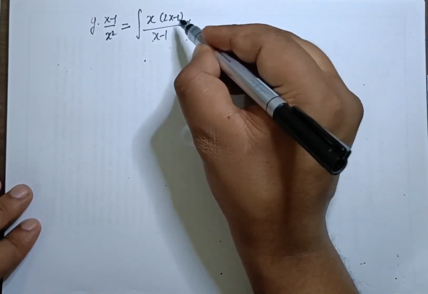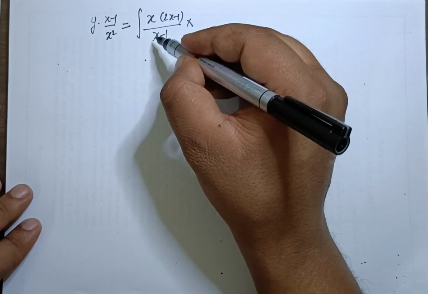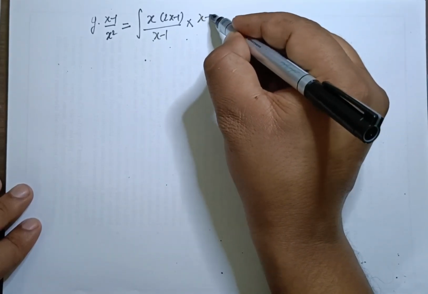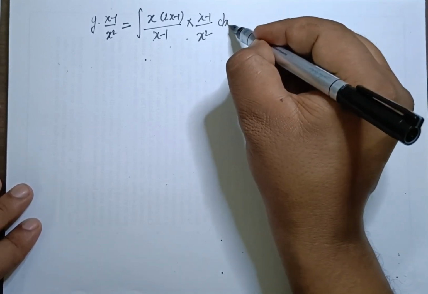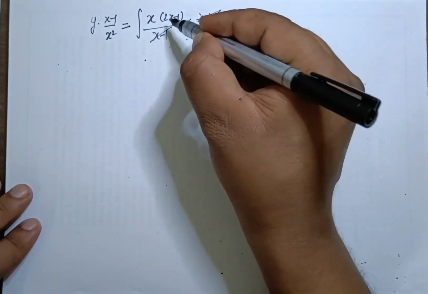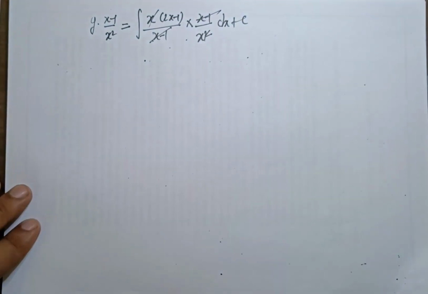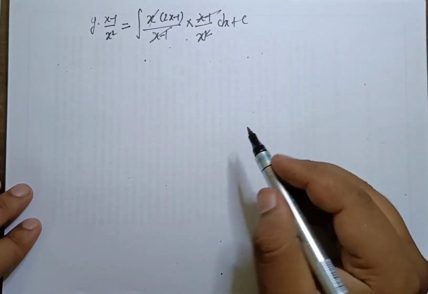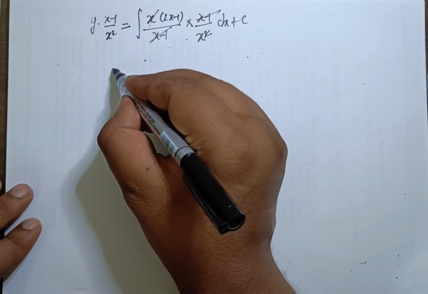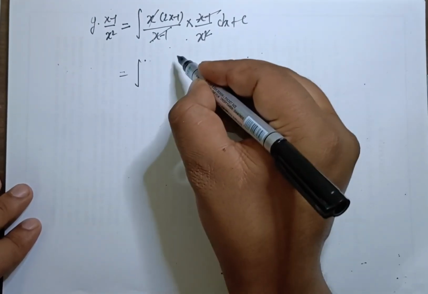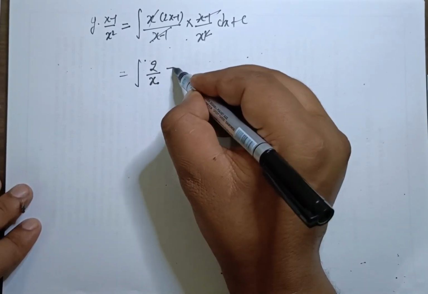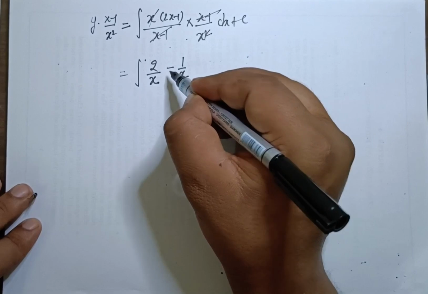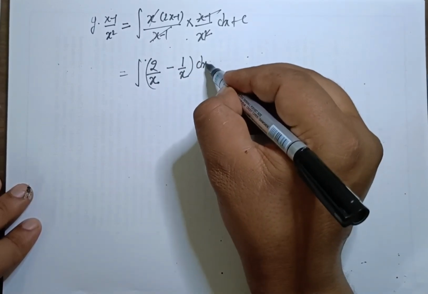That is our Q. And what about the integrating factor? (x minus 1) divided by x square, dx plus c. Obviously it cancels out, and this square is cancelled out by this point. So we need to finally solve the integration of 2 upon x and minus 1 upon x, dx plus c.